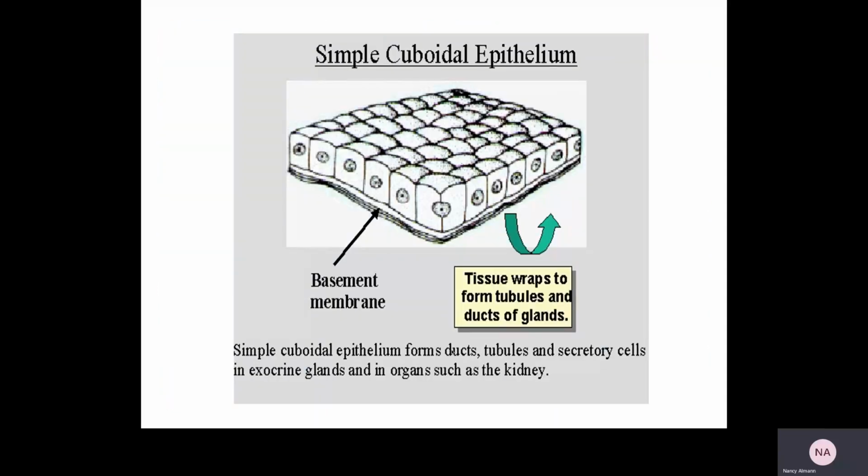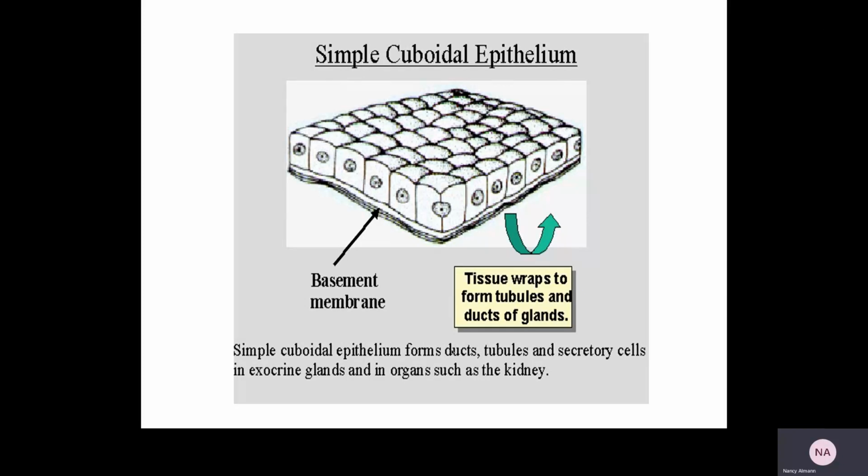Now, simple cuboidal epithelium. So you have a single layer of these cube-shaped cells. These guys are going to form ducts as well as kidney tubules. They're also going to be secretory cells that you're going to find in exocrine glands and in kidney tubules. These are going to form the walls of kidney tubules.